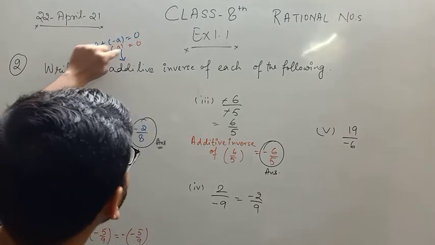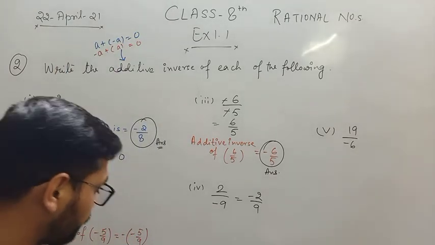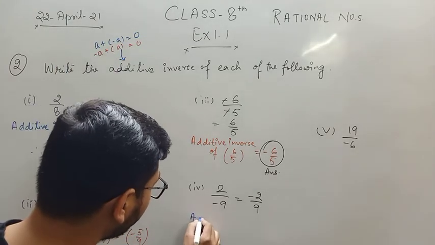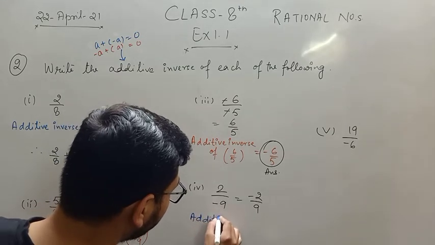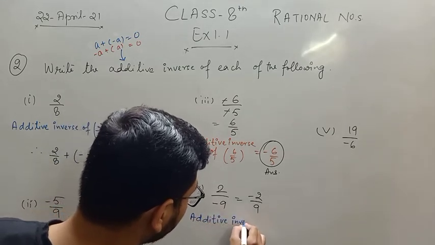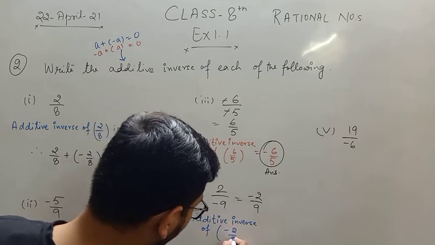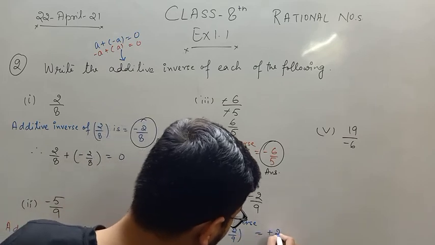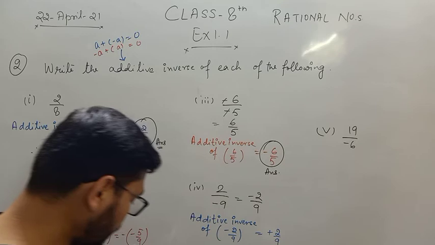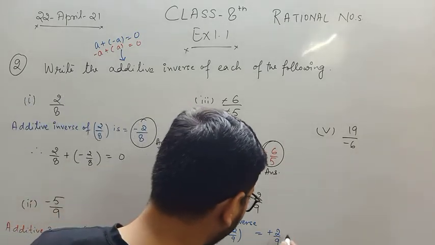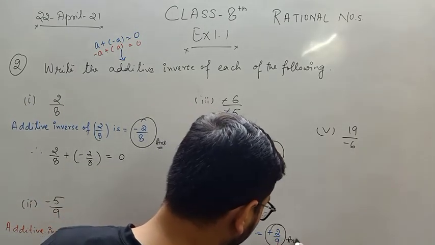On this basis, what you will write is the additive inverse of minus 2 upon 9 will be plus 2 upon 9. So plus 2 upon 9 is your answer.